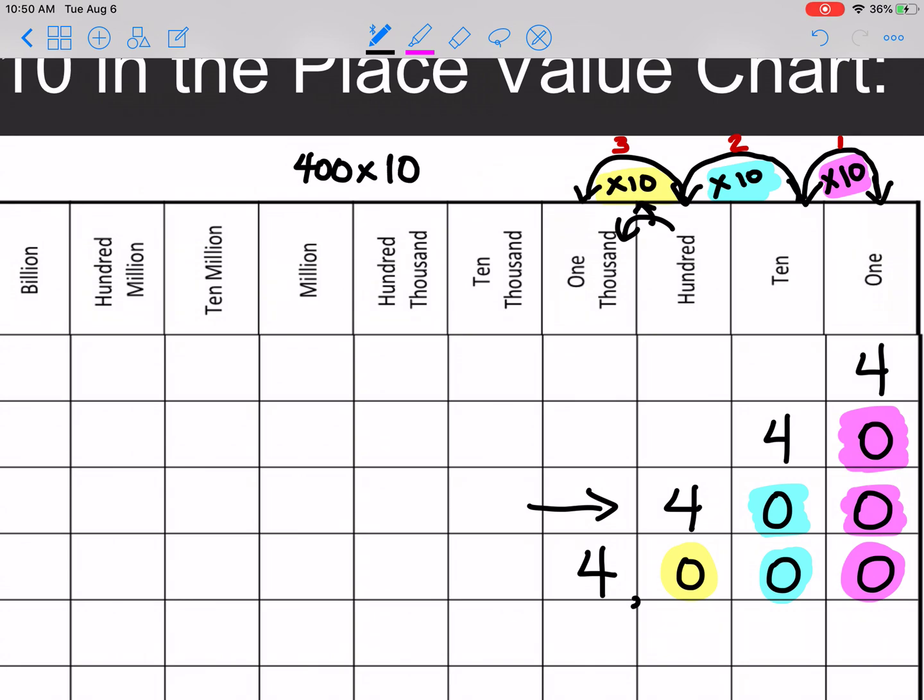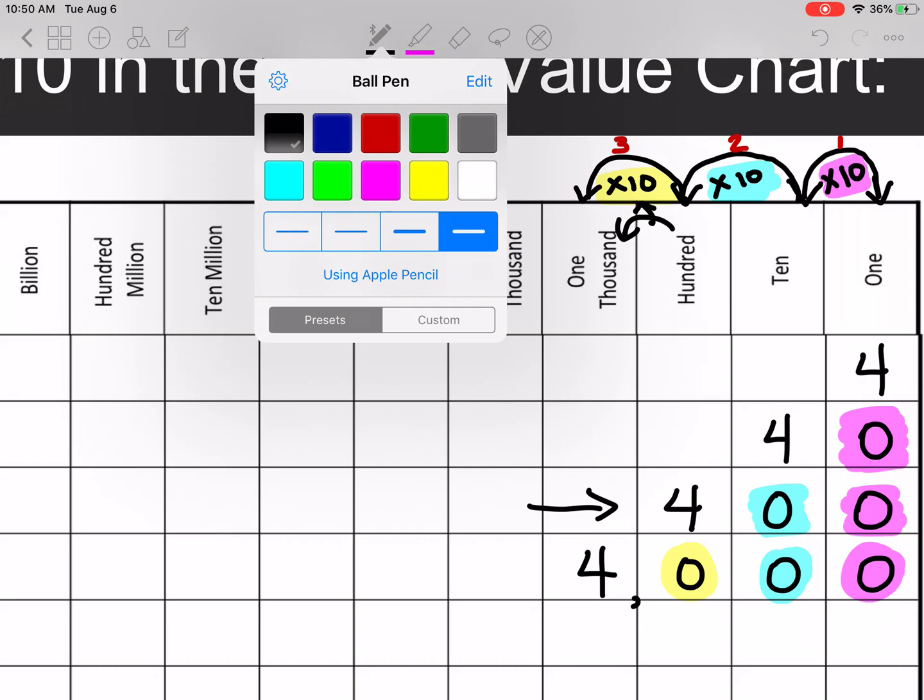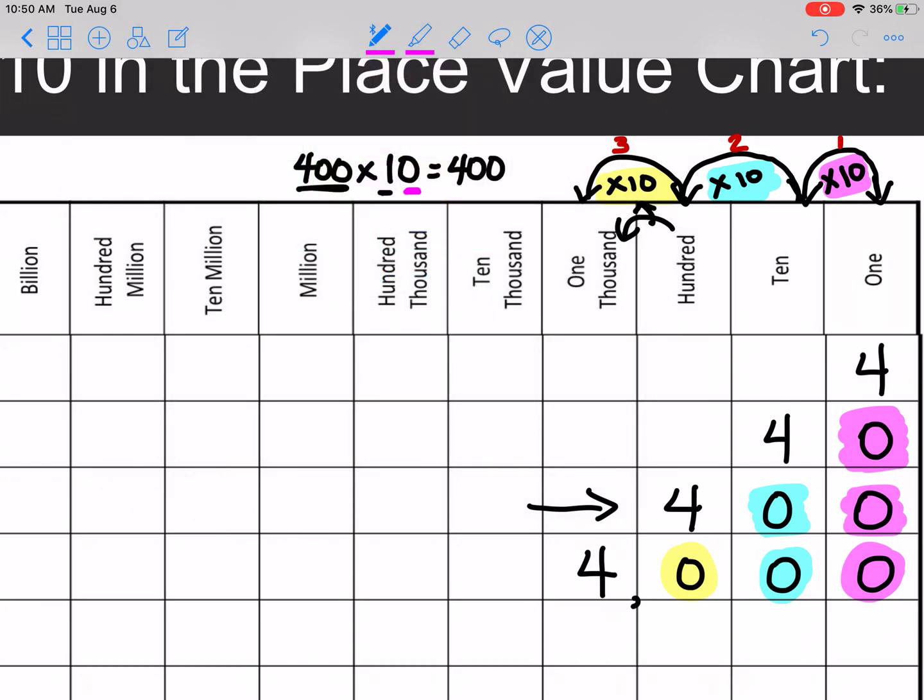So 400 times 10. I'm going to say 400 times 1 is 400. But then I have the 0. So that becomes 4,000. And that's what happened when I moved from the hundreds to the thousands.